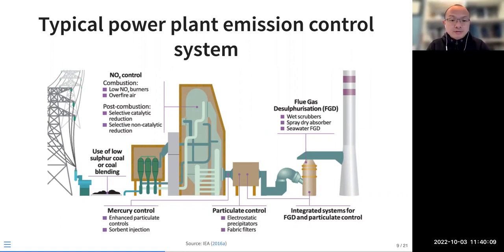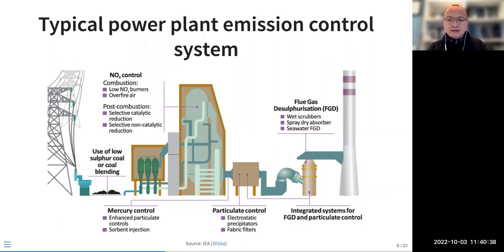Mercury control has different methods. For nitrogen oxides, NOx control, it is done during combustion or post-combustion using technologies such as selective catalytic reduction or non-catalytic reduction, some chemical and physical methods.